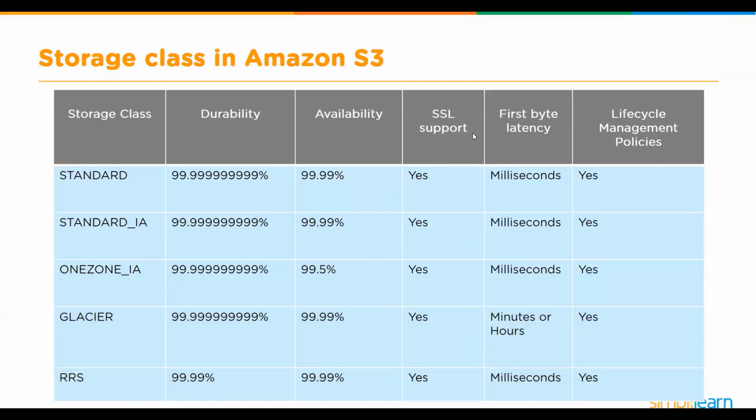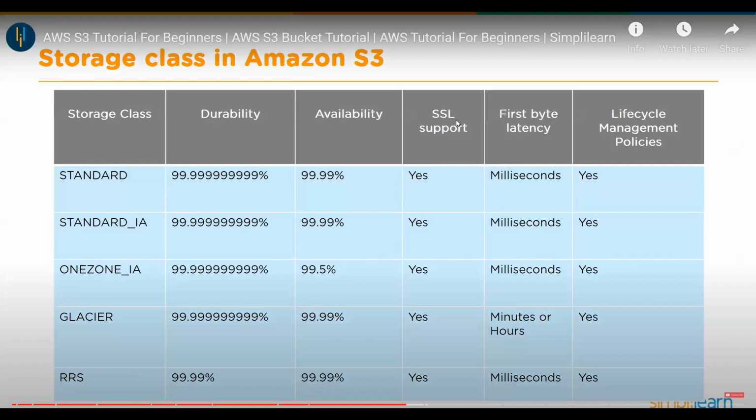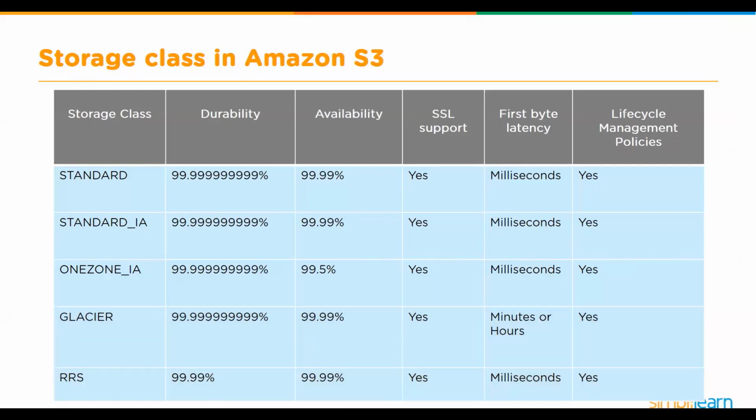All right, let's compare and contrast a couple of other features that are available in S3. For example, durability, availability, SSL support, first byte latency, and lifecycle management. So in Standard, the durability is 11 nines. It's the same for Standard IA, One Zone IA, and Glacier, except for reduced redundancy, where the durability is lower. And availability of all the storage classes is the same, except for One Zone IA, where the availability is 99.5%.